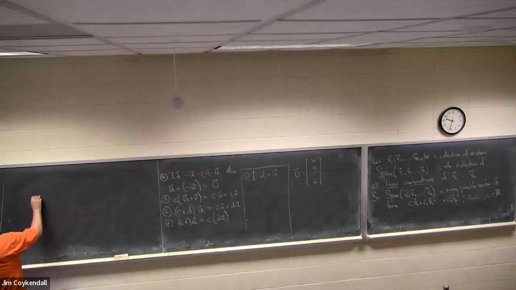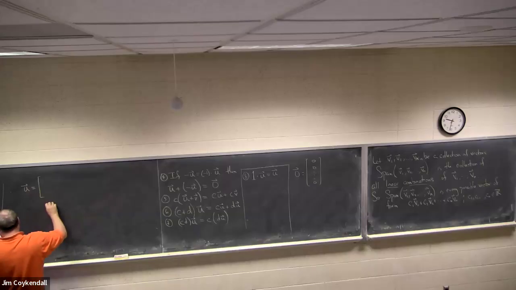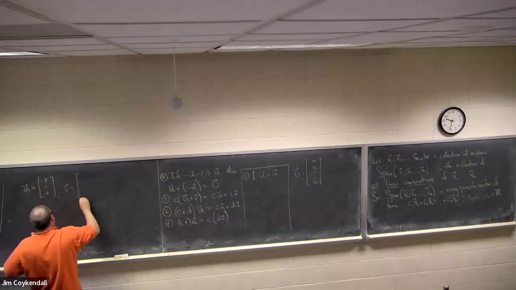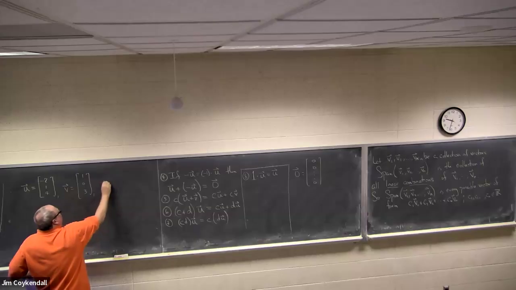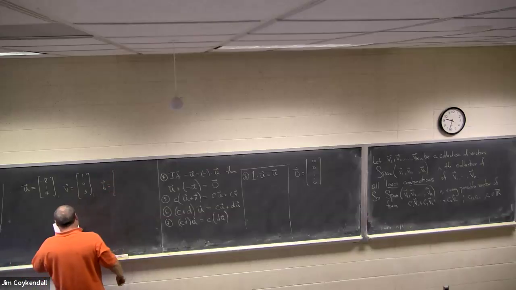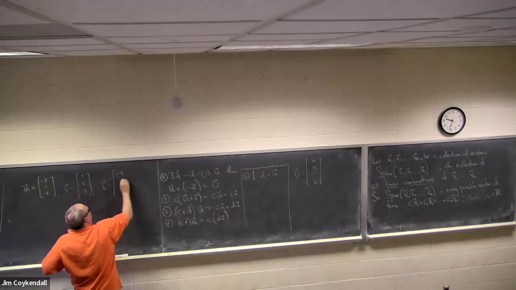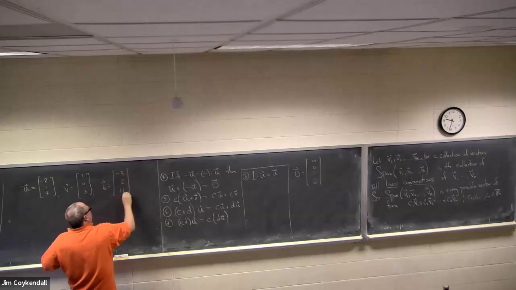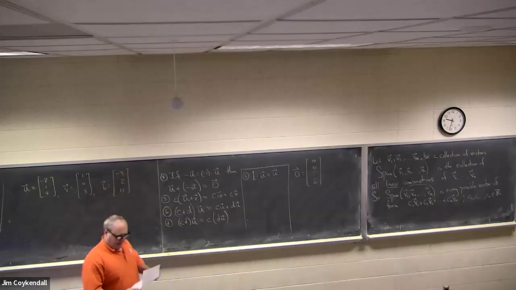Let's let u equal (-2, 1, 4), v equal (1, 0, 3), and b equal (-3, 2, 11).